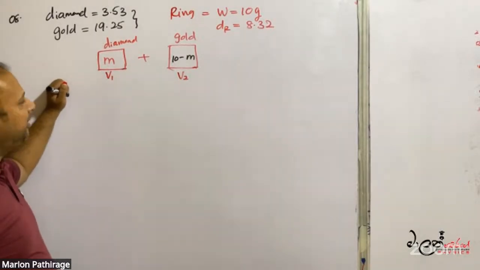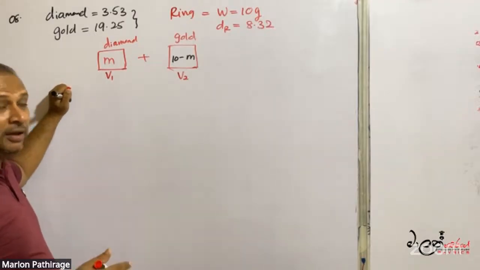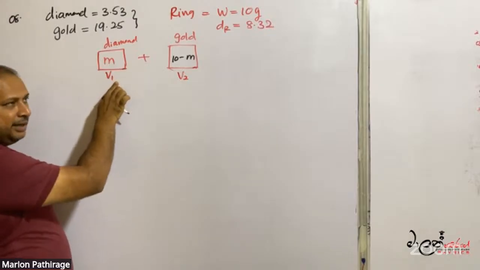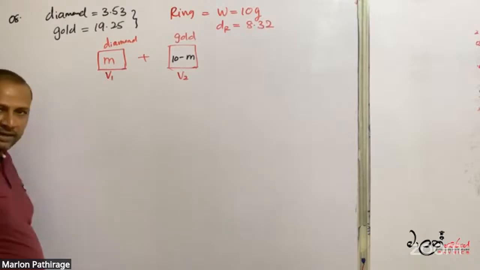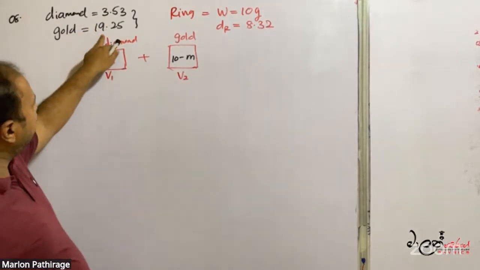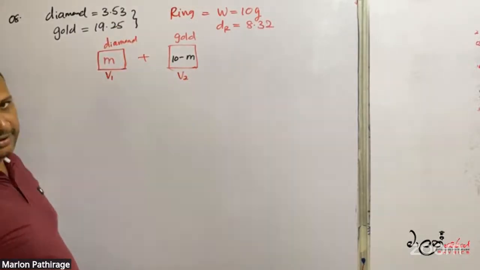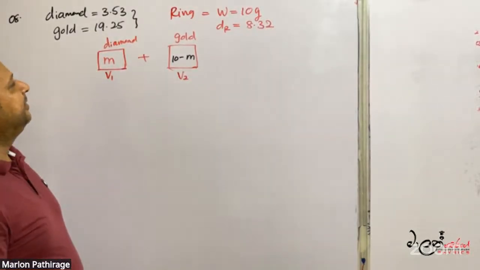That means M over V1 in gram per cubic centimeter. Then (10 minus M) over V2 is the density of gold.